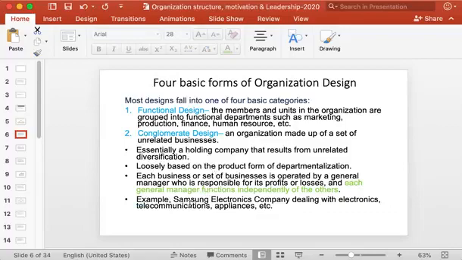Like for example, Samsung Electronics Company is an example of conglomerate design, where this company deals with unrelated products like electronics, communication, and appliances.